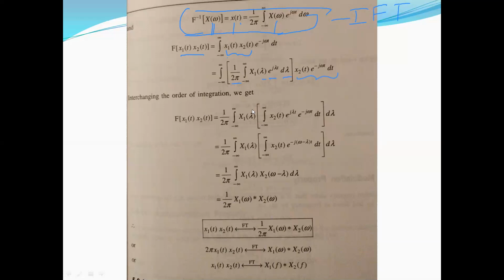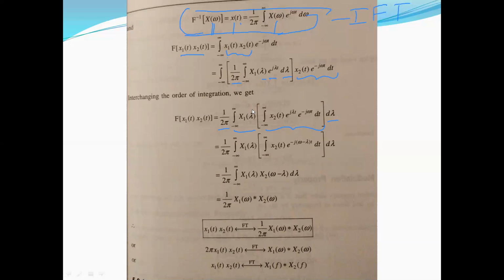Now we'll interchange the integrations. First we'll write 1 by 2 pi as it is, and then first this part, capital X1 omega, and the second, whatever is in the bracket, as it is, and at the end we keep d lambda.